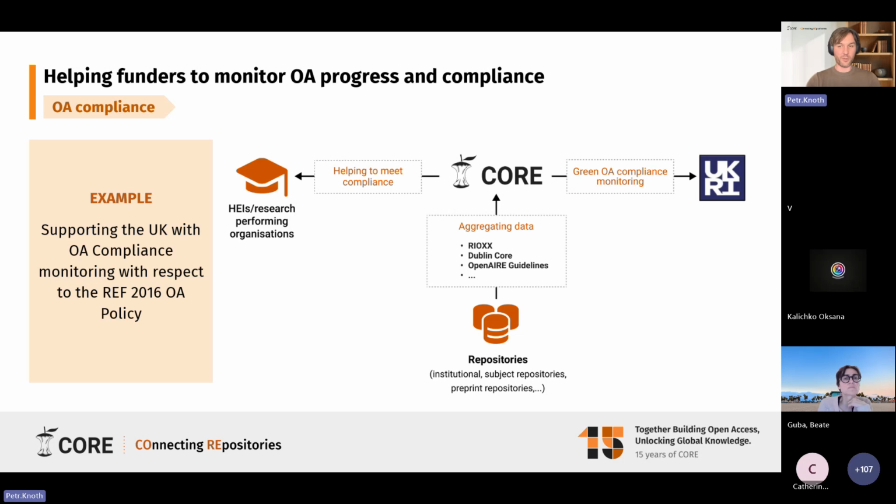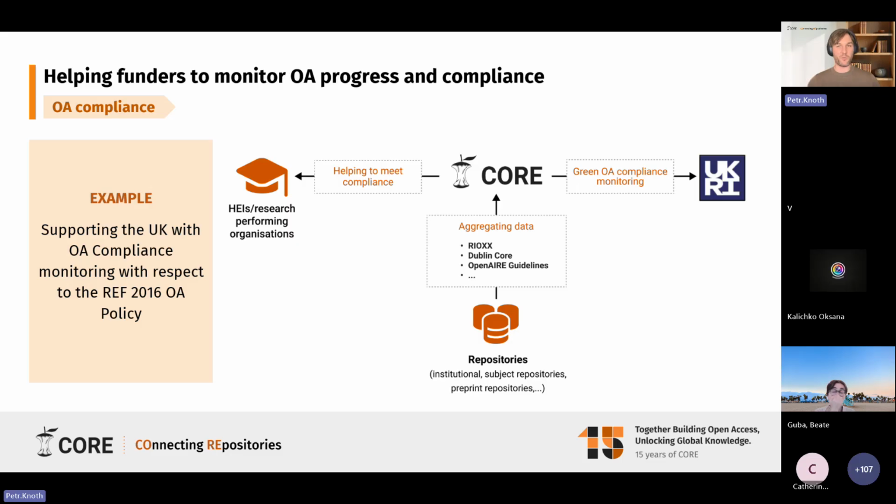Now, what is important is that we provide information about the compliance. We can provide information both for the funding organization, the organization that actually is investigating the policy, which in this case would be UKRI, and because we want this information to be transparent, we expose a module for the benefit of the institutions.